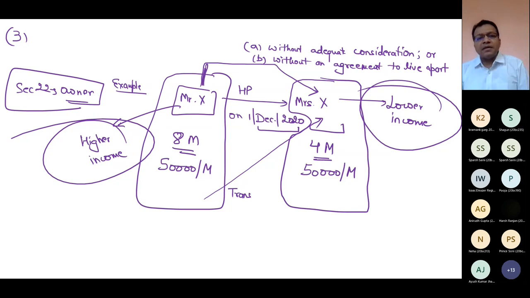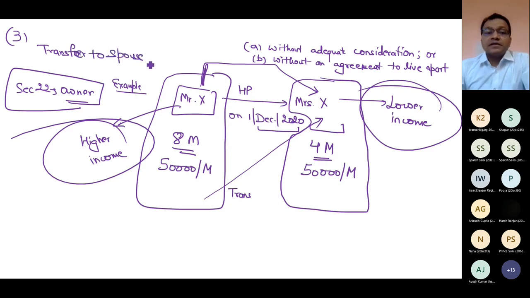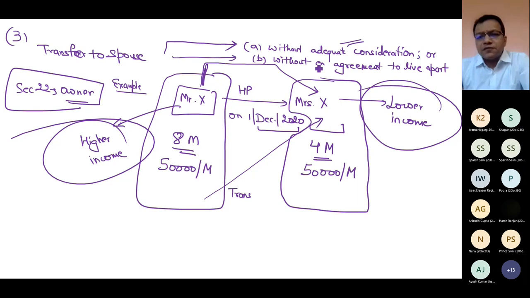But no, the Income Tax Act says no. When you transfer the property to a spouse, other than these two reasons, that is, without adequate consideration or without an agreement to live apart, then the Act says that your transfer is not genuine and you will continue to pay the tax in spite of the fact that your wife has become the owner.